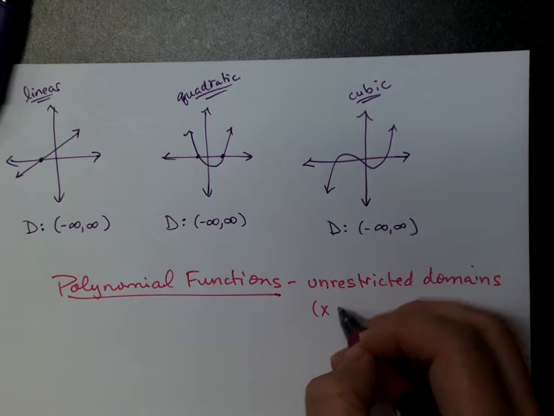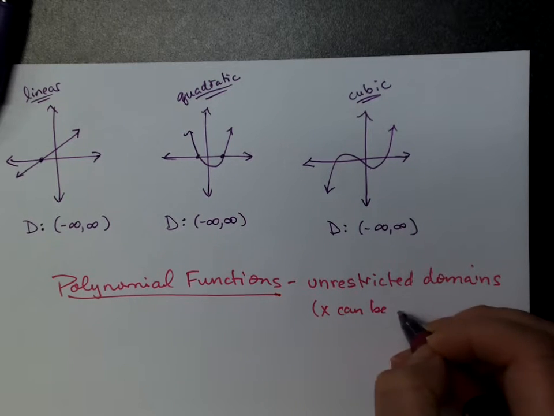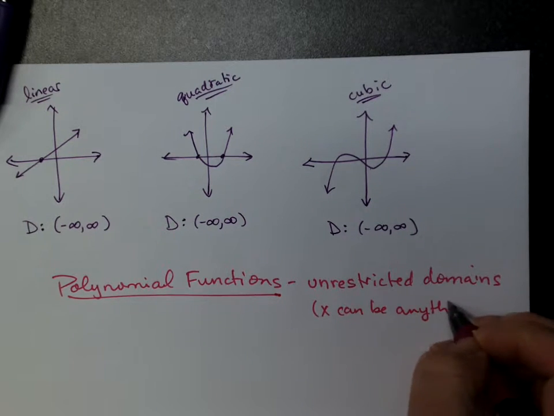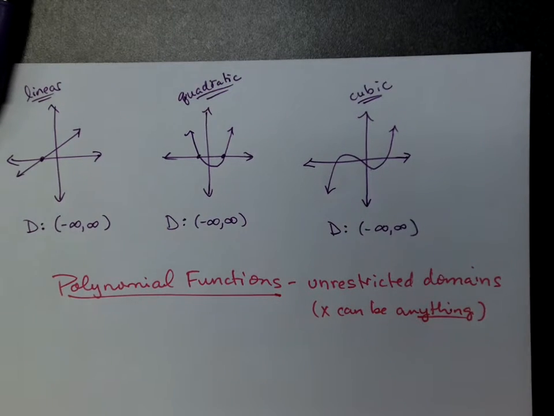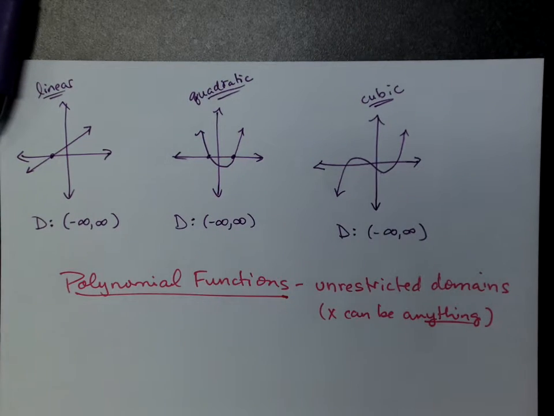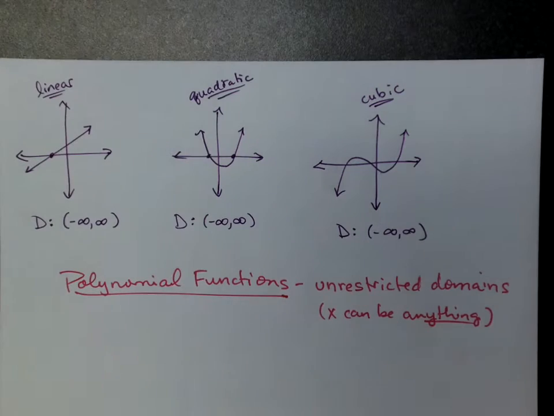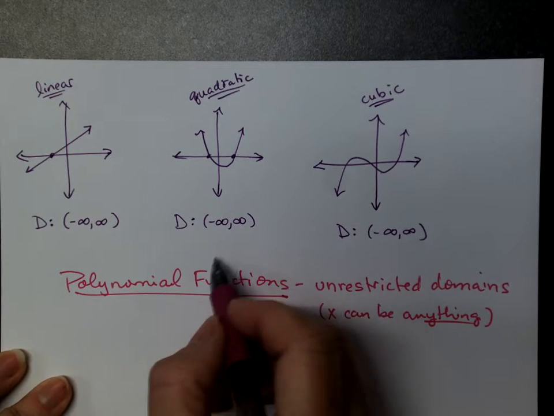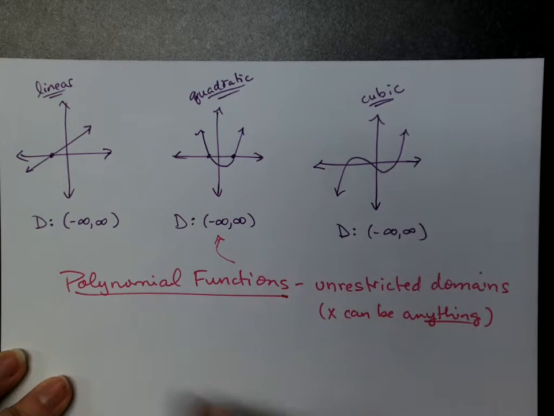That means that x can be anything. Any real number. Plug in any x, it's going to spit out a good y that will give you an ordered pair that's on that graph. Polynomial, whether it is linear, quadratic, cubic, or a higher degree, is going to have an infinite domain. Okay? And so one way to write the domain is like that.